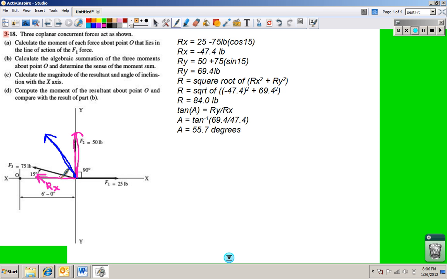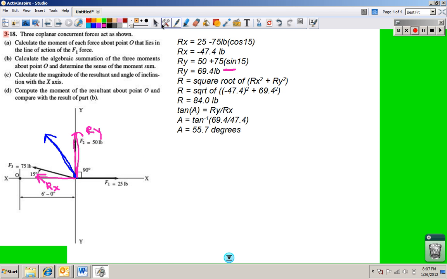It's not going to contribute to a moment. It may cause a translation, but it wouldn't cause a moment, a rotation. Ry, however, will. Okay, so the moment about point O for this one is going to be solely due to Ry. Luckily, I already have Ry calculated right there.